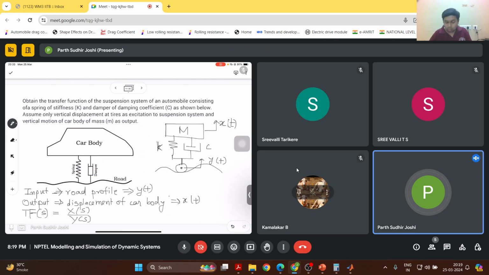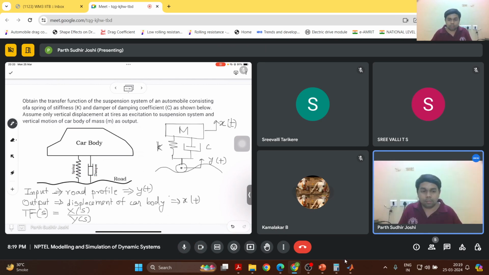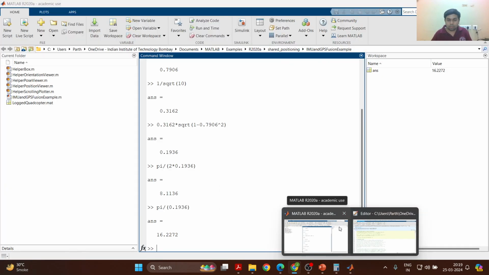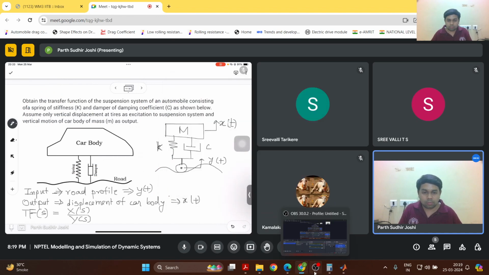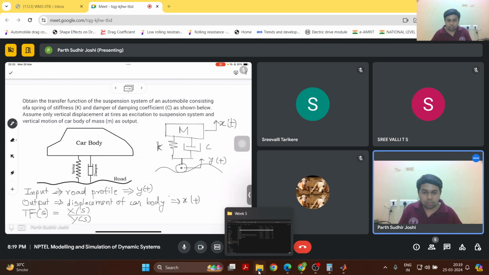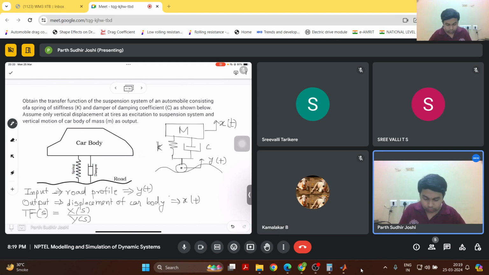Has anyone got any idea on how to solve this problem? To approach this problem, we first get the equation of motion for this system in terms of x and y.